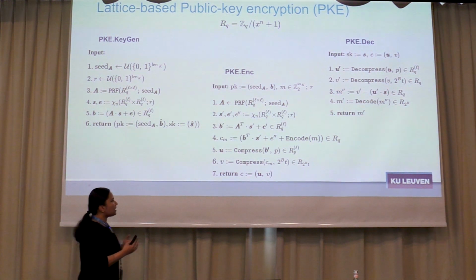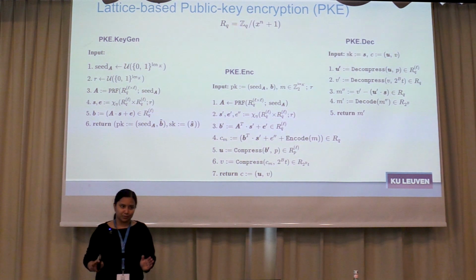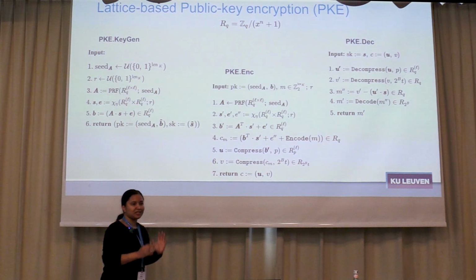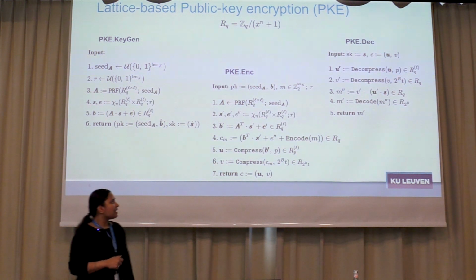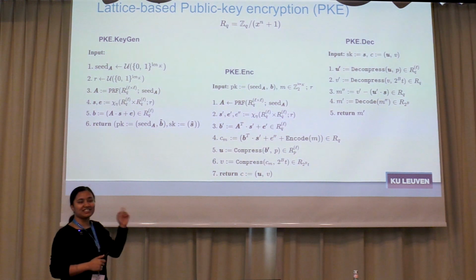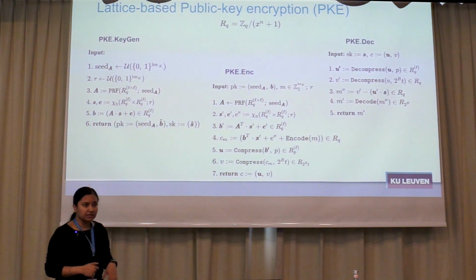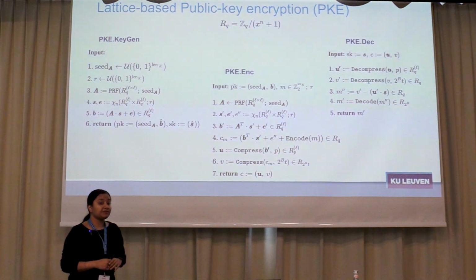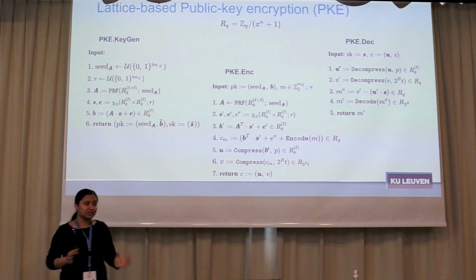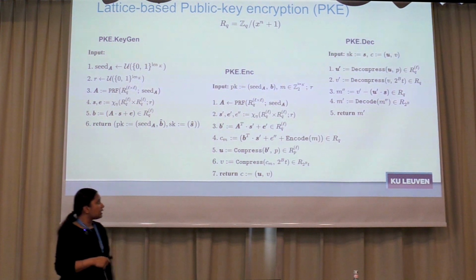Normally, compress, decompress, encode, decode are pretty cheap operations compared to polynomial multiplication. Long story short, polynomial multiplication is one of the operations that is very expensive for any of these lattice-based schemes. People have spent quite a lot of time to make sure it remains as efficient as possible.